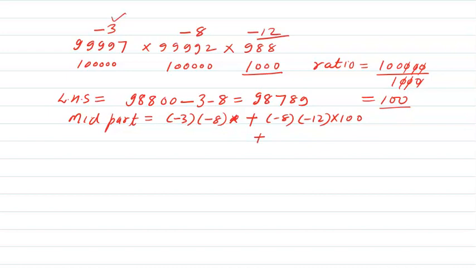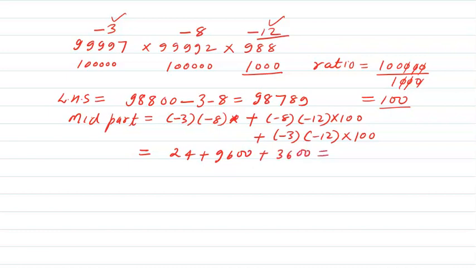Next I take this number and this number, so I write minus 3, I multiply it by minus 12, and again this corresponds to the smaller base, so I multiply it by 100. So in this case I get 24 plus 9600 and plus 12 into 3 is 36, so 3600.